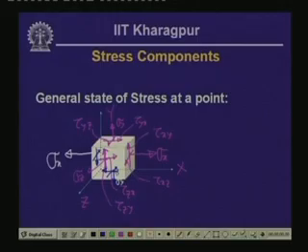So, this is tau yx and this is tau yz. Likewise, on the other side, the z plane, we will have the normal stress acting, which is sigma z, and on the z plane we have stresses in the x direction, which is tau zx, and in the z plane we have tau zy.